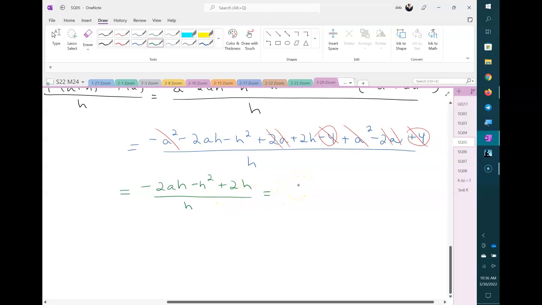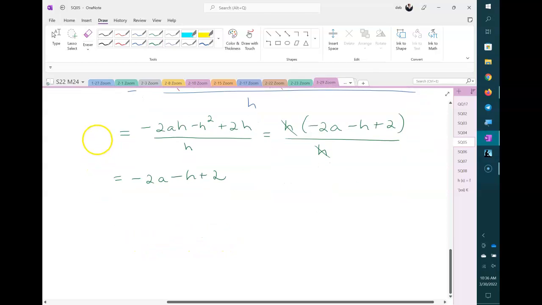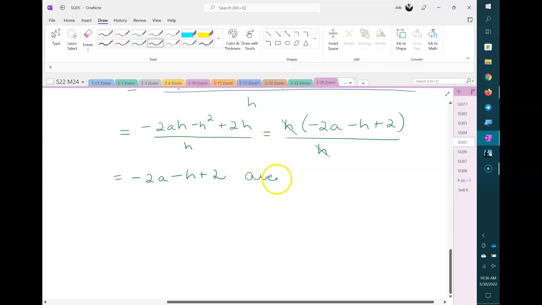Each of those terms has an h in it, so I'm going to factor out the h. Get negative 2a minus h plus 2 over h. So I get negative 2a minus h plus 2. So this is the average rate of change.